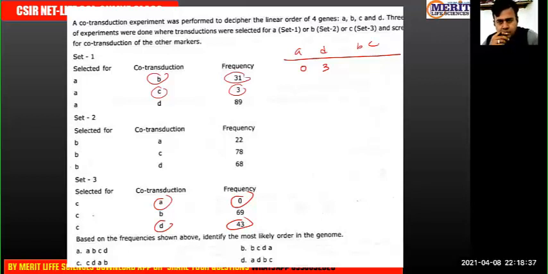Sir, I did it with overlapping based on the frequency. So I got the ADBC sequence. Based on the frequency, in set 1, AD is of higher frequency, so I have arranged it near. And AB is of lesser frequency, so I have arranged it A, left a gap for B, and then written B. Right, correct.